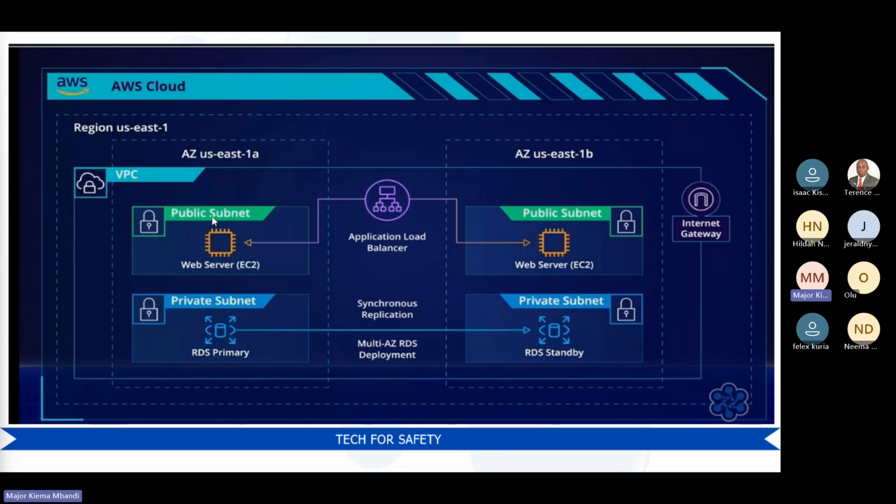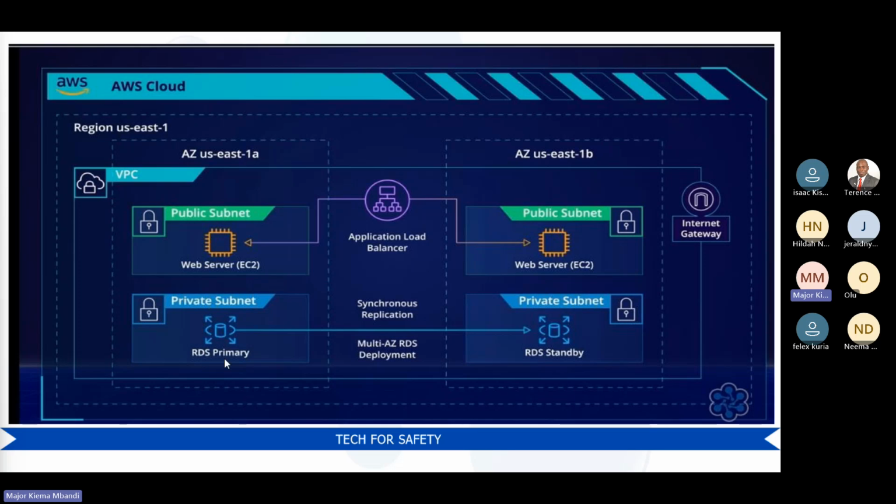So as you can see here, web server running in availability zone 1A, and also we have our web server running in availability zone 1B. And on the backend, RDS, by default, is a managed service, so it caters for it. So you can just select multi-AZ deployment with synchronous replication.